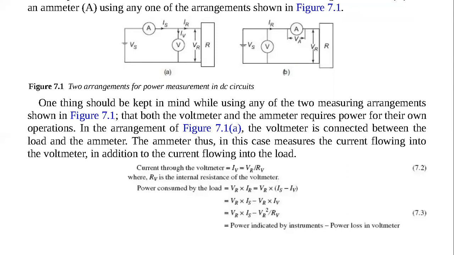Therefore, I is equal to V over R. And therefore, the current that will be flowing through the voltmeter will be equal to the voltage, that is the VR, divided by the resistance of the voltmeter. So the current through the voltmeter, IV, will be equal to VR, that is the voltage through the resistor or the load here, divided by the resistance of the voltmeter.